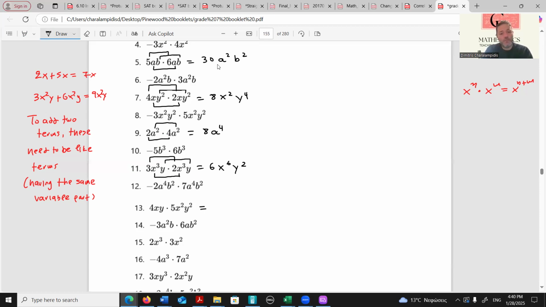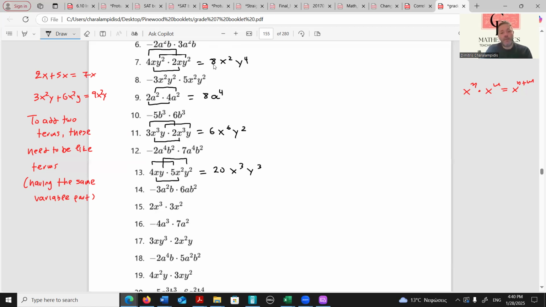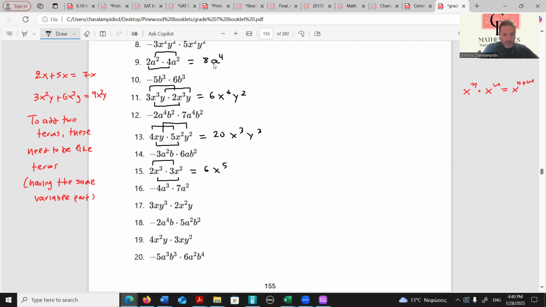Number 13. 4 times 5 should be 20. X times x squared should be x cubed. And y times y squared should also be y cubed. Number 15, 2x cubed multiplied by 3x squared. 2 times 3 is 6. X cubed times x squared should be x to the power of 5. Number 17, 3xy cubed multiplied by 2x squared y.